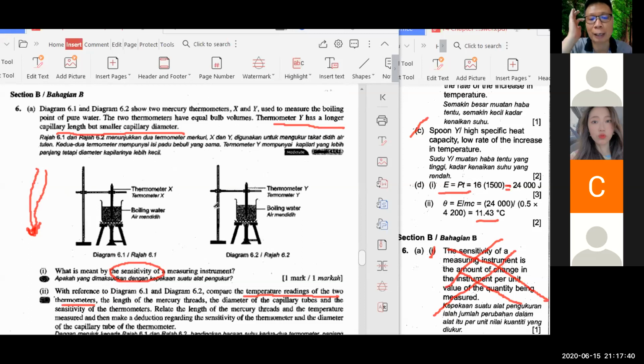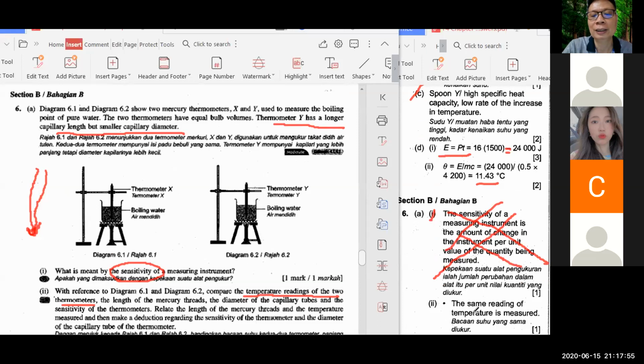Are you sure it's different? Because it's boiling point, the temperature measured should be the same. Here is 100, here is also 100. Same. Now I see, sir. See the answer: the temperature reading is the same. This one measures boiling point 100 because it's water, and this one also measures 100.